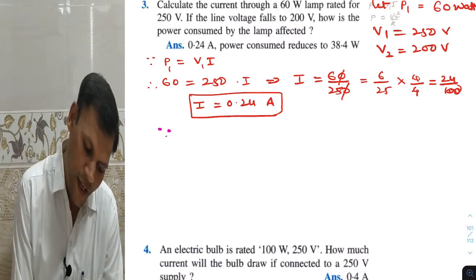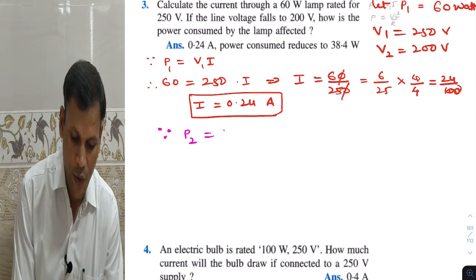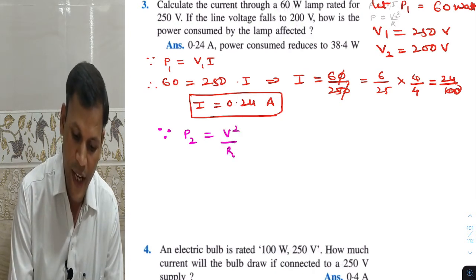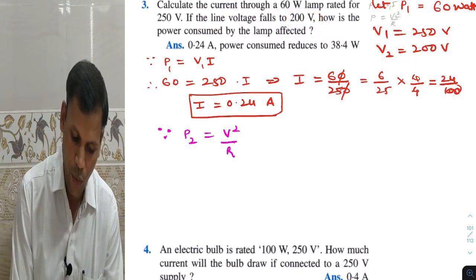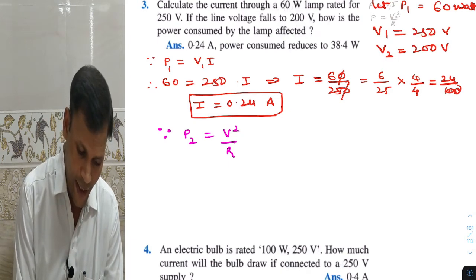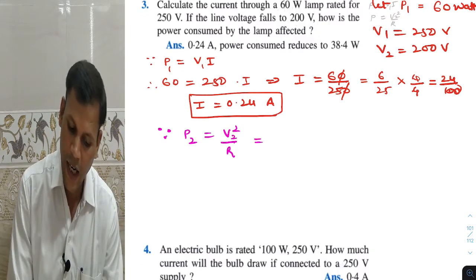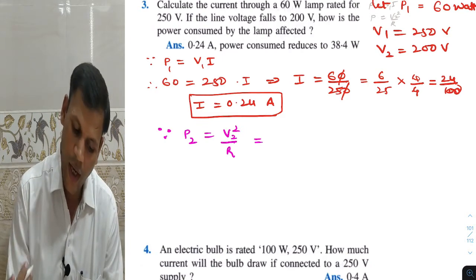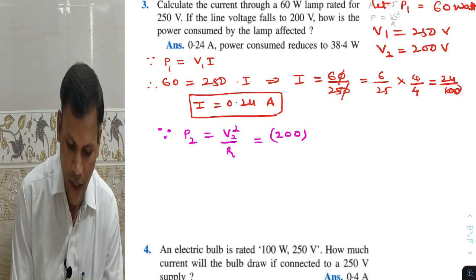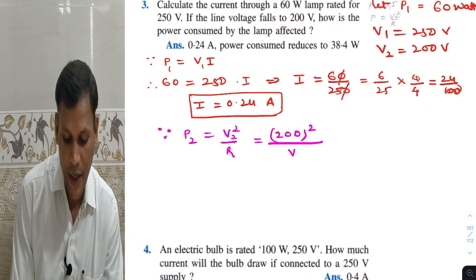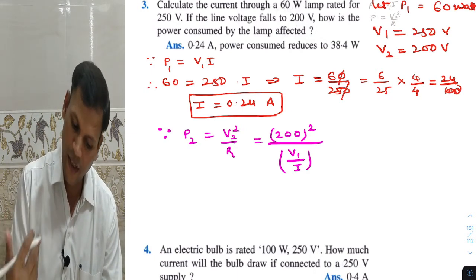Since power rating of an electrical appliance is given by V square by R, but here potential changes as 200. तो 200 के लिए हमने V2 लिया है, so V2 square by R. अच्छा अभी हमने R भी कैलकुलेट नहीं किया है, we require to calculate R. तो V2 हमारा 200 वोल्ट है, that's whole square upon R, R is V by I. बिकॉज पहले वाले पार्ट से हमको रेसिस्टेंस ऑलरेडी कैलकुलेट करना था बट हमने नहीं किया.